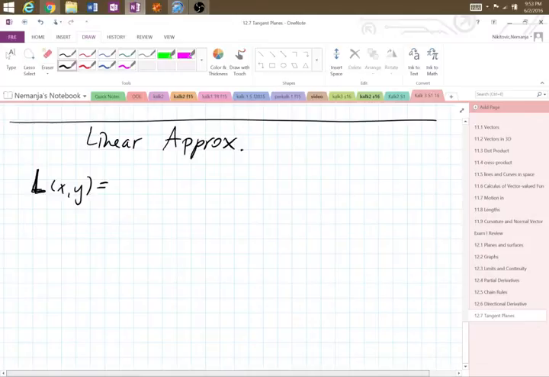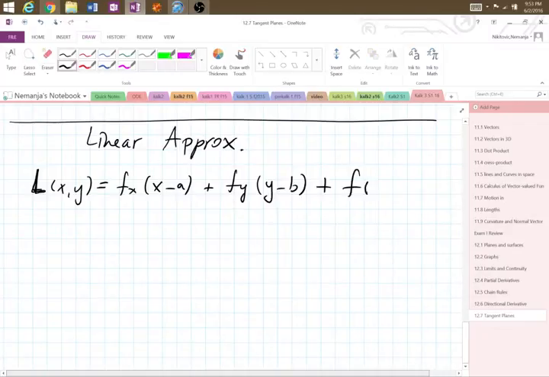We use the tangent plane without the z term. So it's fx times (x minus a) plus fy times (y minus b) plus f of (a, b).